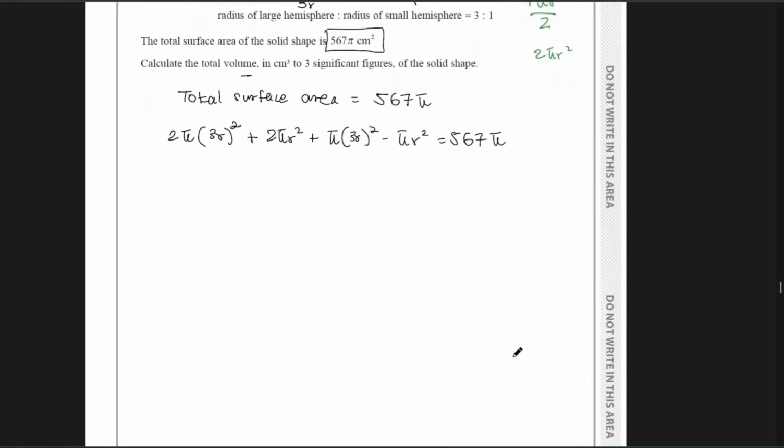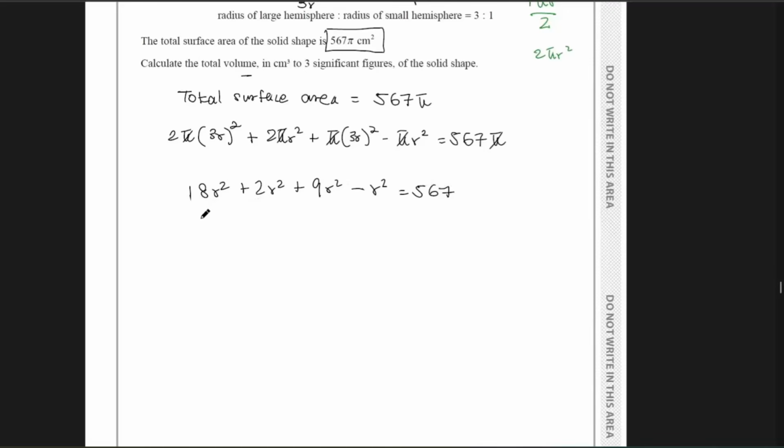Let's continue solving this. Since we can see pi in all of the terms, we can cancel the pi. If we expand 3r squared, that becomes 9r squared, and 9r squared times 2 is 18r squared, plus 2r squared, plus 3r the whole squared would be 9r squared, minus r squared is equal to 567.